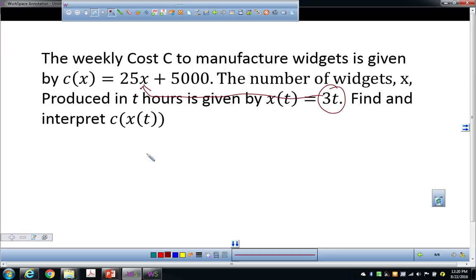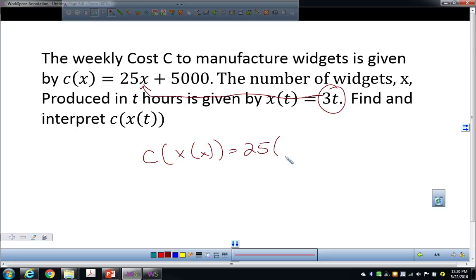Okay? And so then you get C of X of T is equal to 25 times 3T plus 5,000.